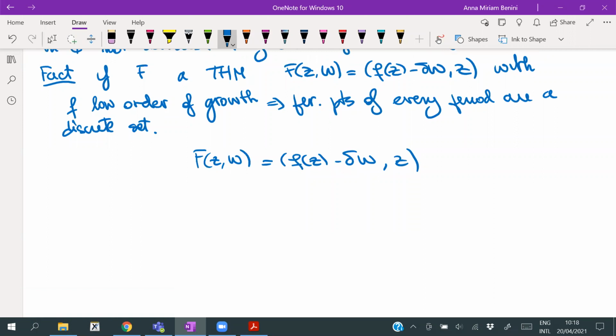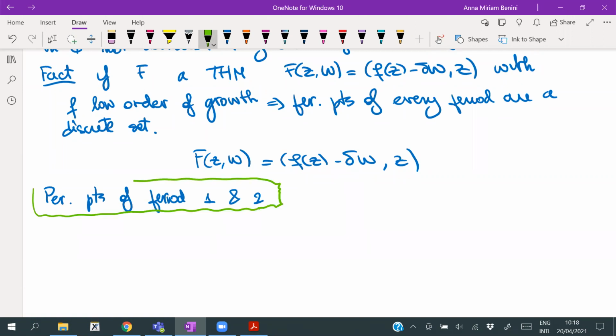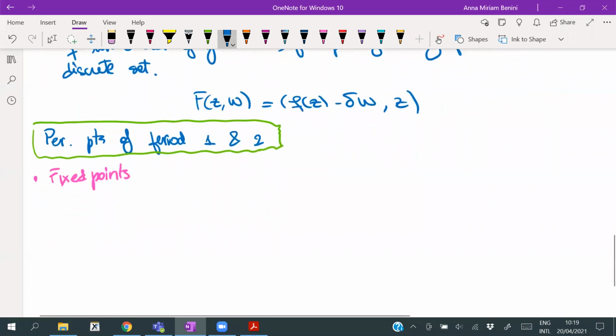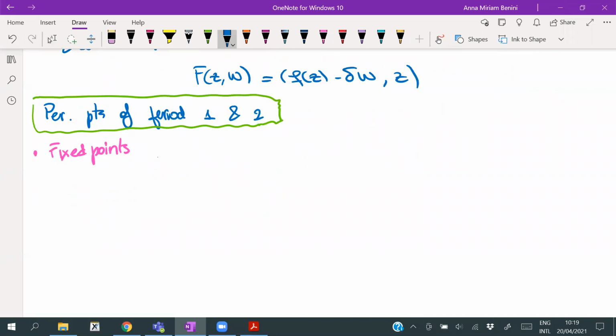Now let us take a look at fixed points. So periodic points of period 1 and 2. Well, we all know that periodic points of period 1, we usually call them fixed points. And now let's look at the explicit form of our map. What does it mean for a point (z,w) to have F(z,w) equal to (z,w)?